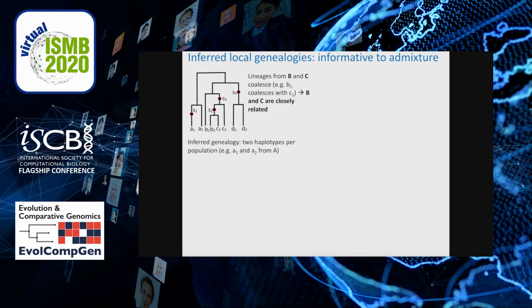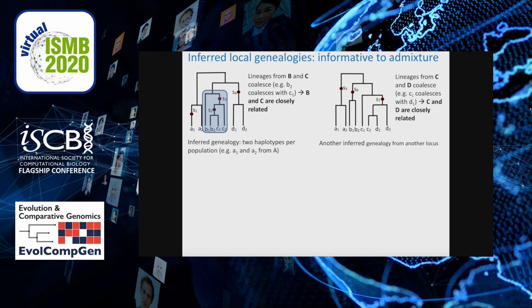What do the inferred local genealogies tell us about admixture? Let's consider one possible gene genealogy inferred at one locus here. Let's look at this part. This shows that the lineages from populations B and C tend to coalesce. This is an indication that populations B and C are closely related.